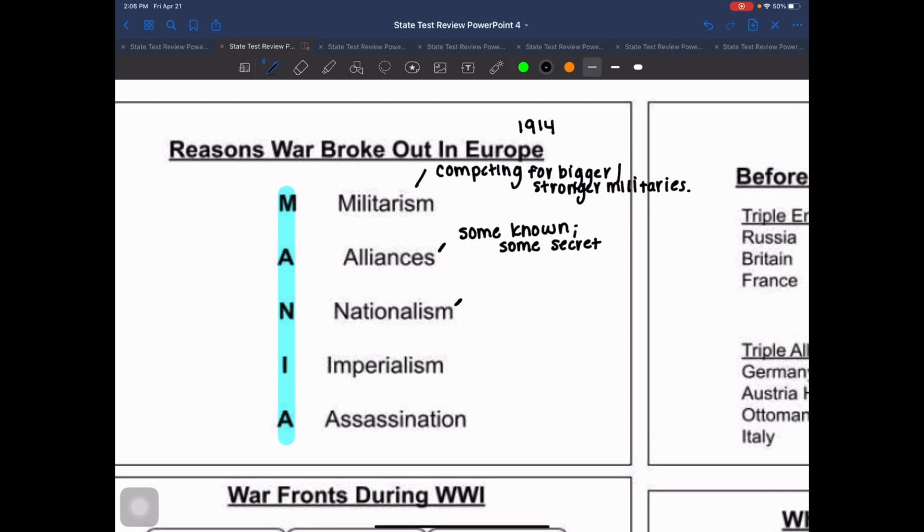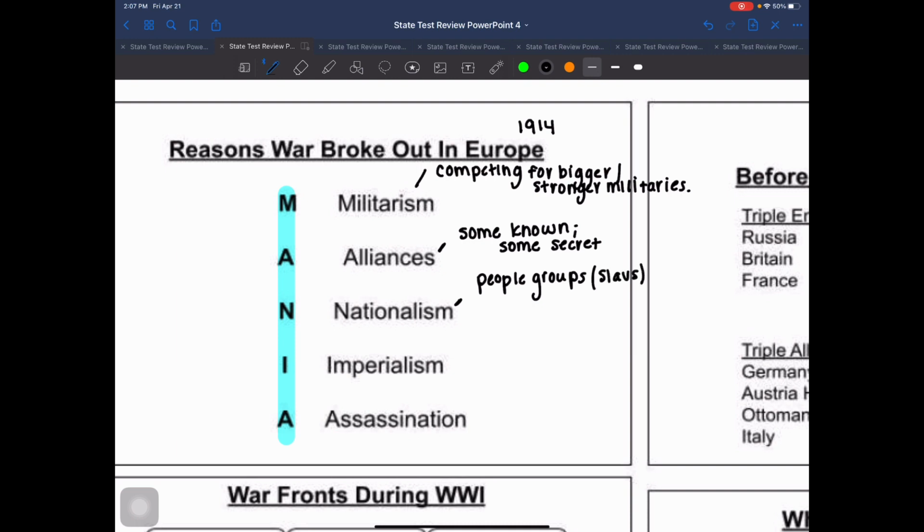This word nationalism, some people will say that nationalism and patriotism are the same thing. Not necessarily, okay? There is some correlation there, but they are not words that can be used interchangeably. But nationalism, as far as what's going on in Europe, I want you to remember that there are people groups throughout Europe. The specific people group that we're talking about at the time is called the Slavs.